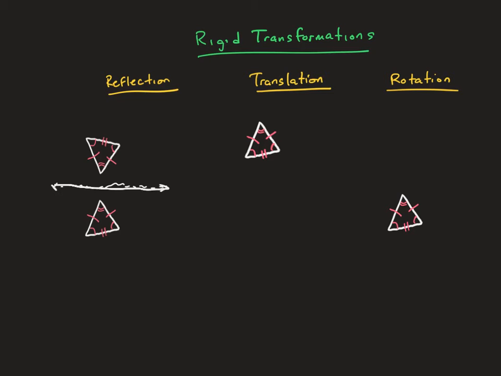It's not a very good line, is it? The imaginary line, L, and my image has just a mirror image, a reflection.